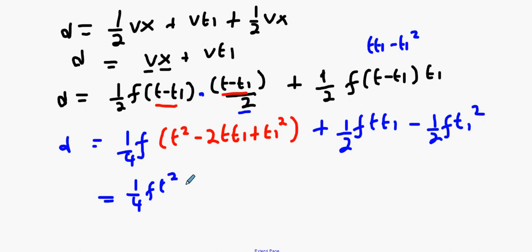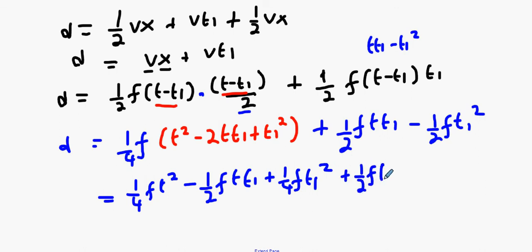Lucky for me, that's minus a half f t t1 plus a quarter f t1 squared plus a half f t t1 minus a half f t squared. Alright, something better cancel, otherwise I'm going to retire. Here we go.